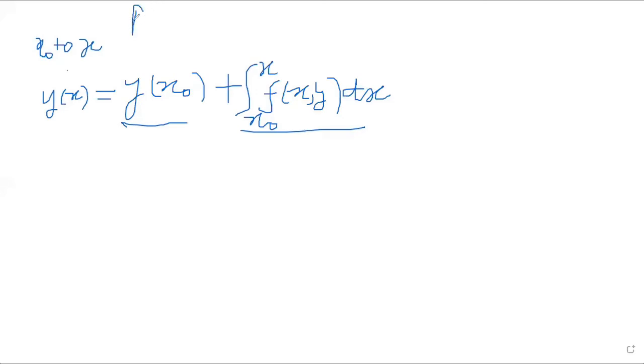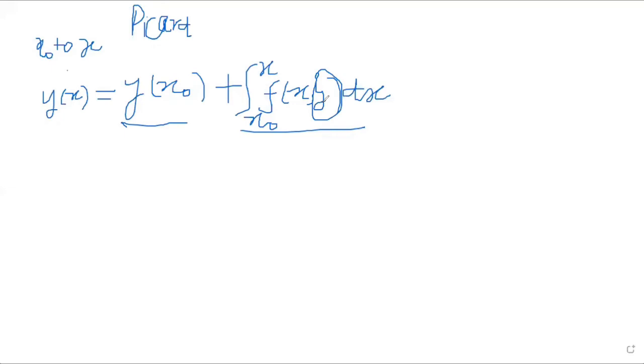We are generating here the Picard method. Picard's method. So now tell me what is creating a problem here. Here this y, the unknown, is sitting on the right hand side under the integral sign.